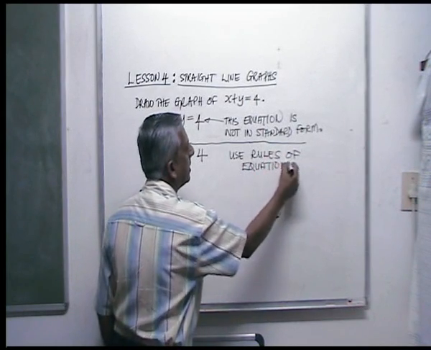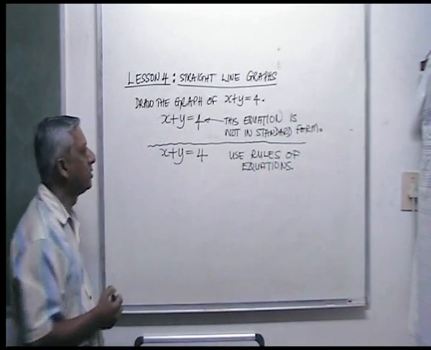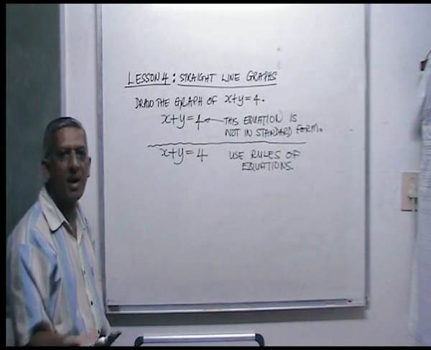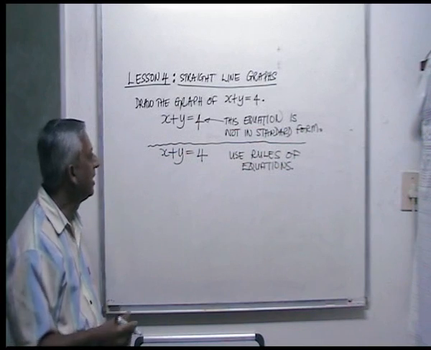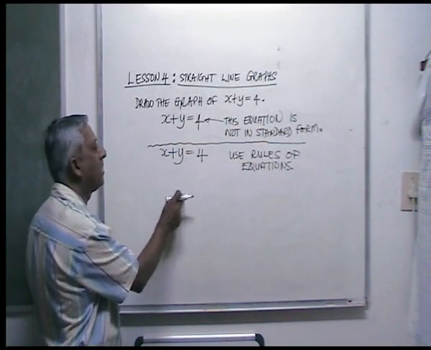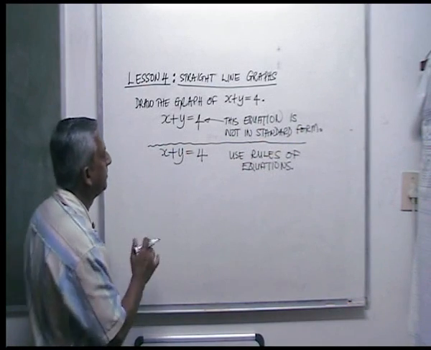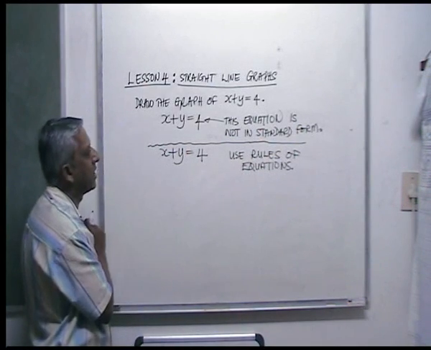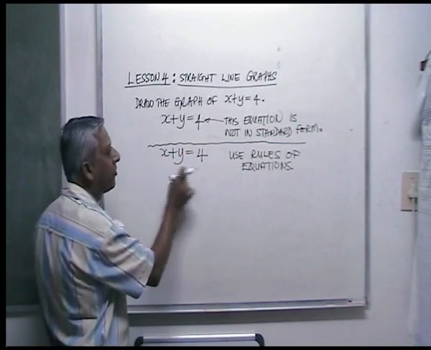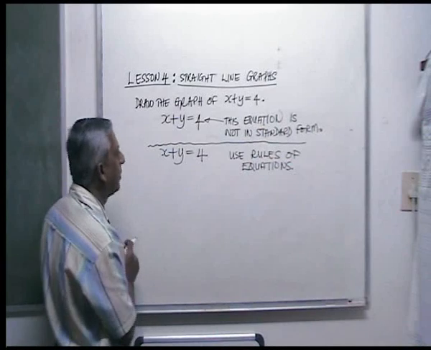That's all. So the rules of equations are that if you transpose, plus becomes minus, minus becomes plus, and in the end you must end up with positive y is equal to. So let's see, how do I bring this to standard form? Right now this is not in standard form. To bring this to standard form, I must use rules of equations.